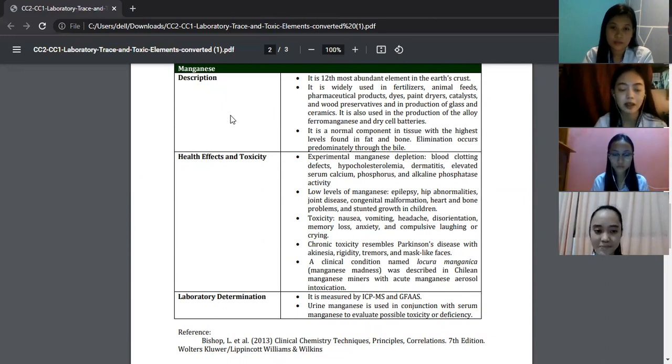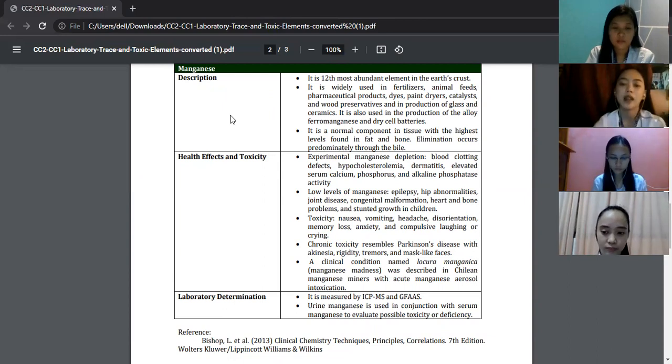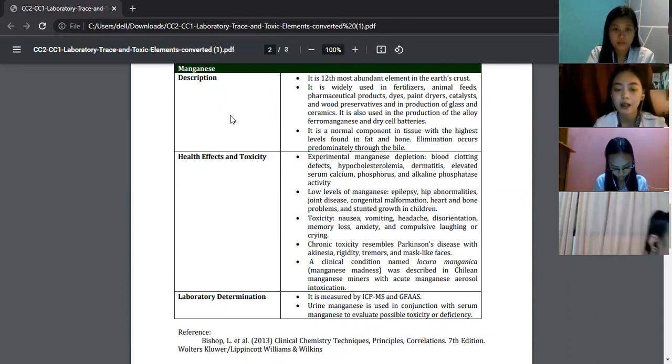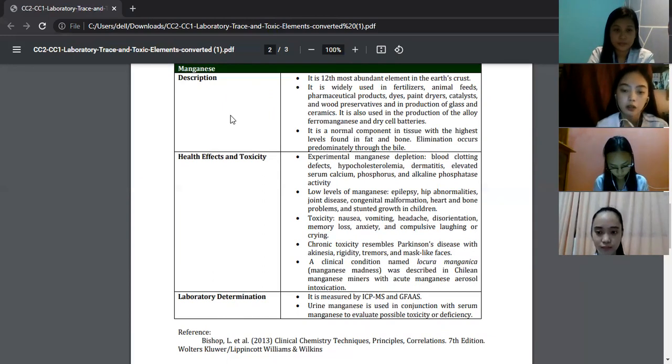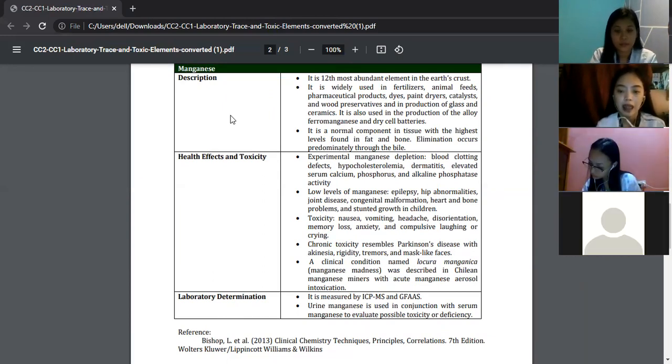Also included here, low levels of manganese are linked to epilepsy, sleep abnormalities, joint disease, congenital malformation, heart and bone problems, and stunted growth in children. So for toxicity: nausea, vomiting, headache, disorientation, memory loss, anxiety, and compulsive laughing or crying.